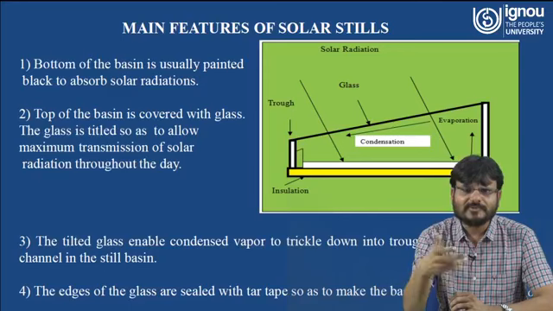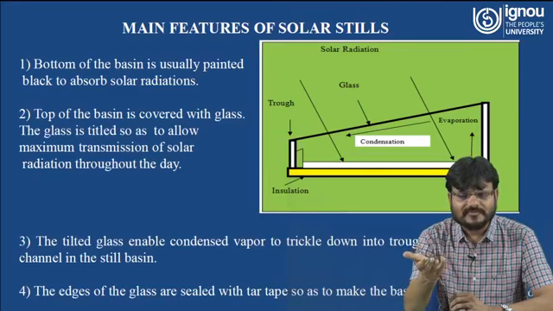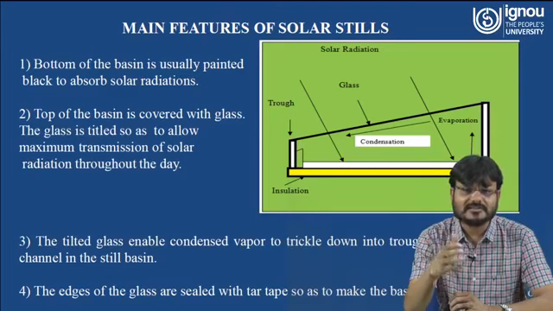When the water evaporates, it goes to the back surface of the glass cover. The temperature of the glass cover is lower than the temperature of this water, so the latent heat of the evaporated water will be transferred to the glass.